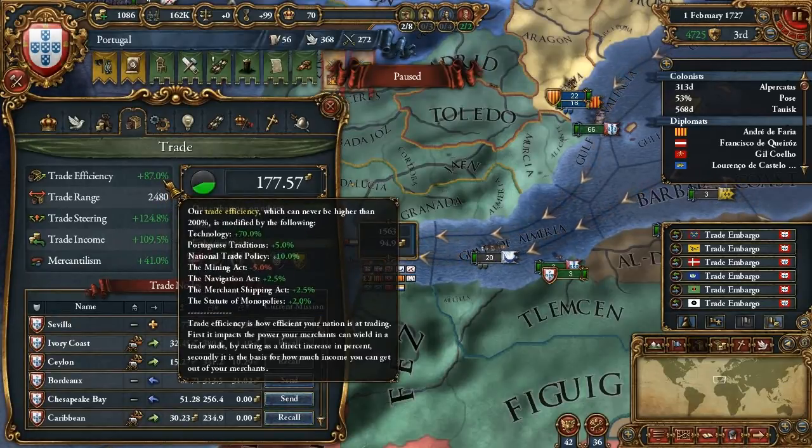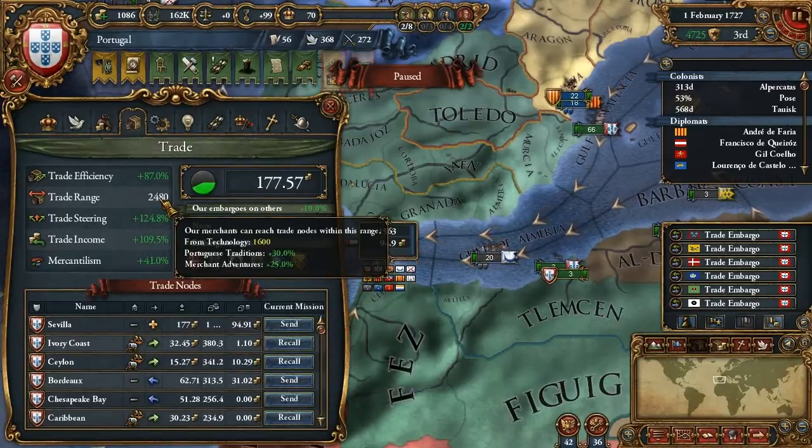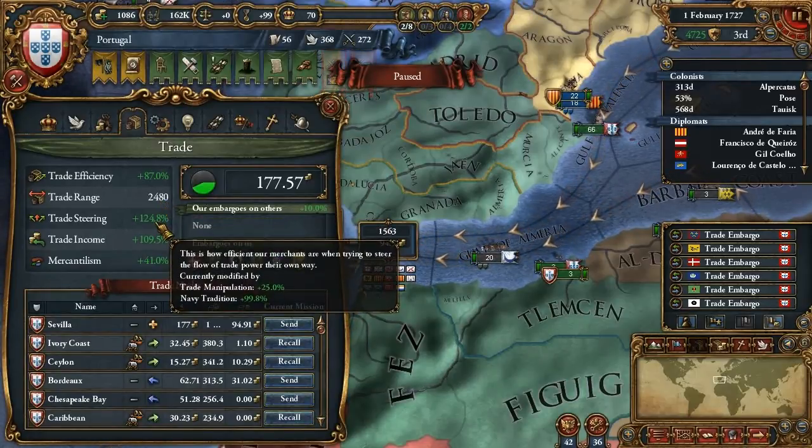Trade efficiency is affected by decisions, the technology level and any events. Trade range is determined by, I think, ideas and technology. Trade steering is determined by, I think, either ideas or your navy tradition.